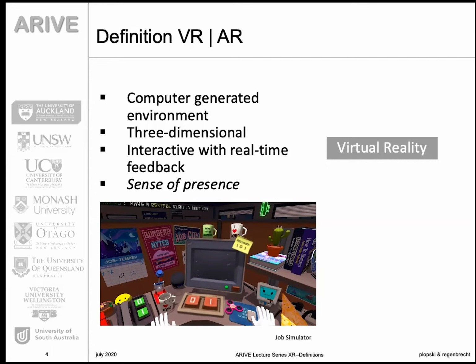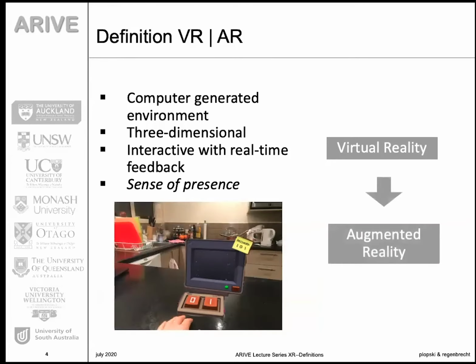Now, if we go from virtual reality to augmented reality, what would be the main aspects that change? Well, here is an example of what the same scene would look like in augmented reality. In particular, now we see only the computer screen is there, which is a computer-generated object. And it appears in my kitchen, in this case, on the table.